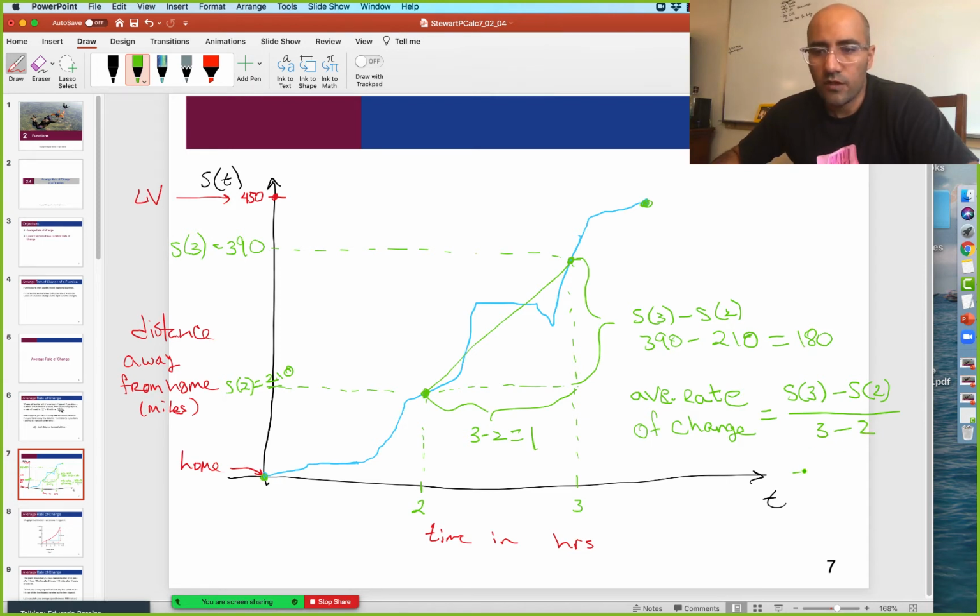For us, it would be equal to 180 divided by 1, or just 180. And keeping track of the units, this is 180 miles over 1 hour, so traveling at 180 miles per hour.